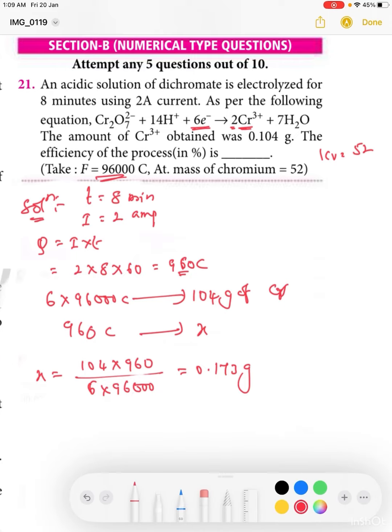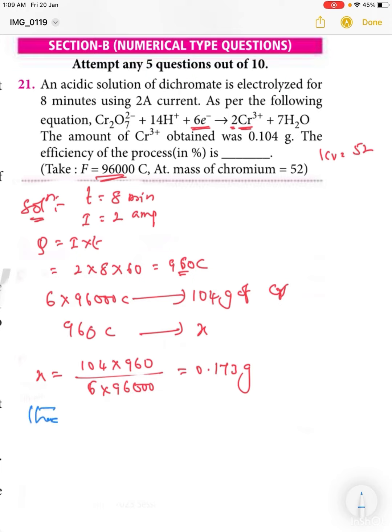Then let's see, the amount of Cr3+ obtained was 0.104 grams, which is given in the question, right?